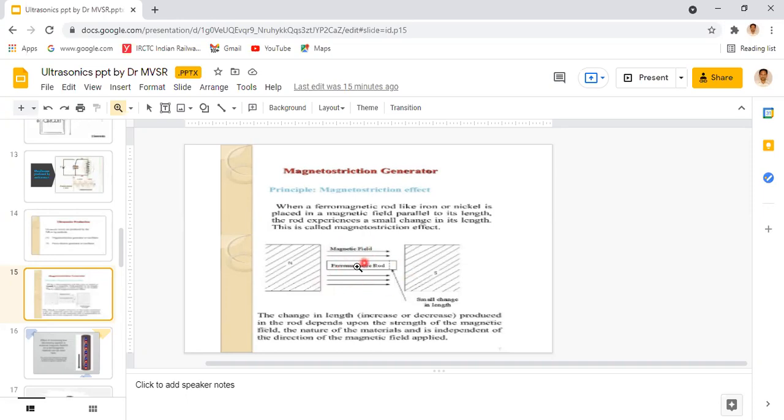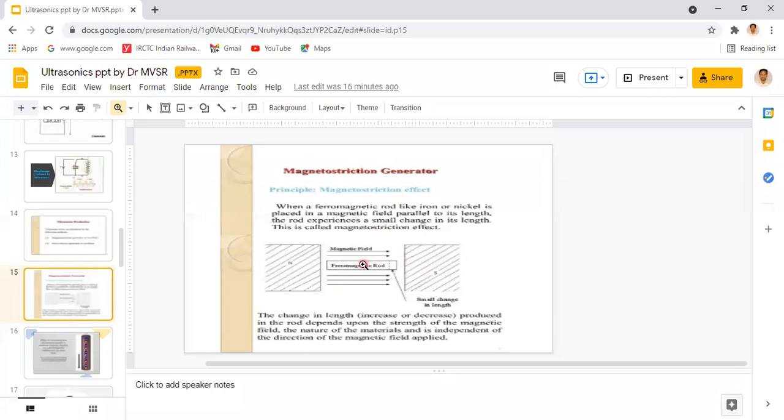Because of the increasing and decreasing size of the domains, the dimensions of the rod change, so the length of the rod increases or decreases. Such expansions or contractions of the rod, a small change in its length, is called the magnetostriction effect, or the magnetostriction principle.